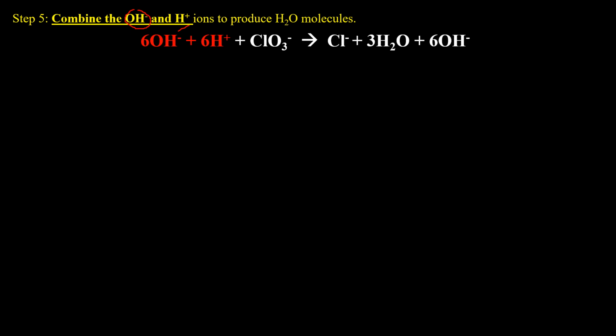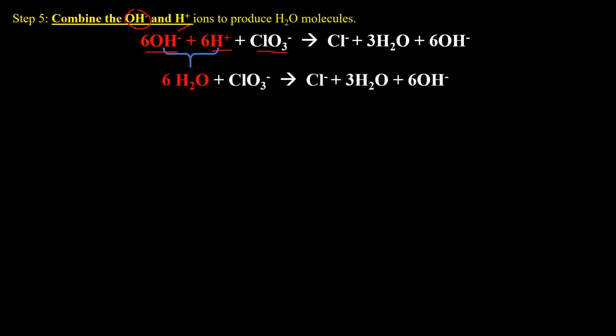We already have 6 OH negative, 6 H positive, and then ClO3 negative on the reactant side. This step tells us to combine OH negative and H positive, which are found on the reactant side. Therefore, this will become 6H2O. Take note, you retain the coefficient. 6H2O, and then you copy the rest of the equation.